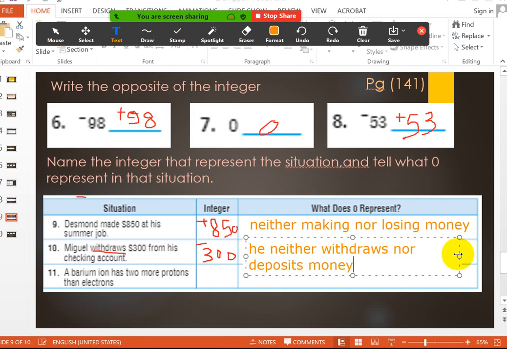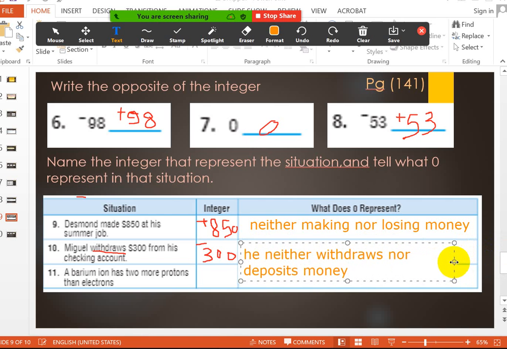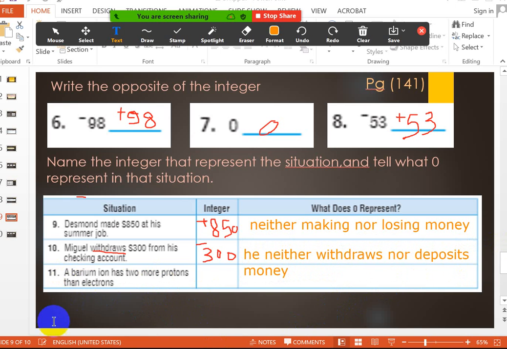What about situation 11? Okay, girls, I will solve this one because it is the last one. An ion has 2 more protons than electrons. We solved something like this yesterday. The sign for protons, what is it?